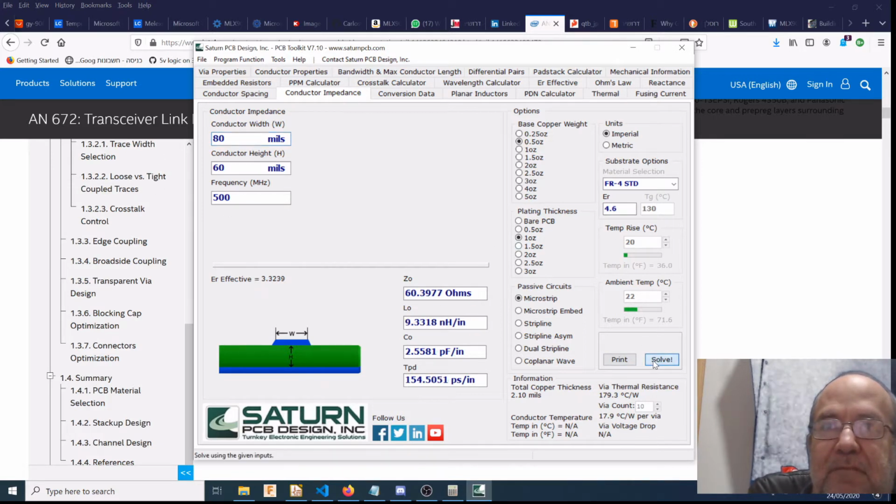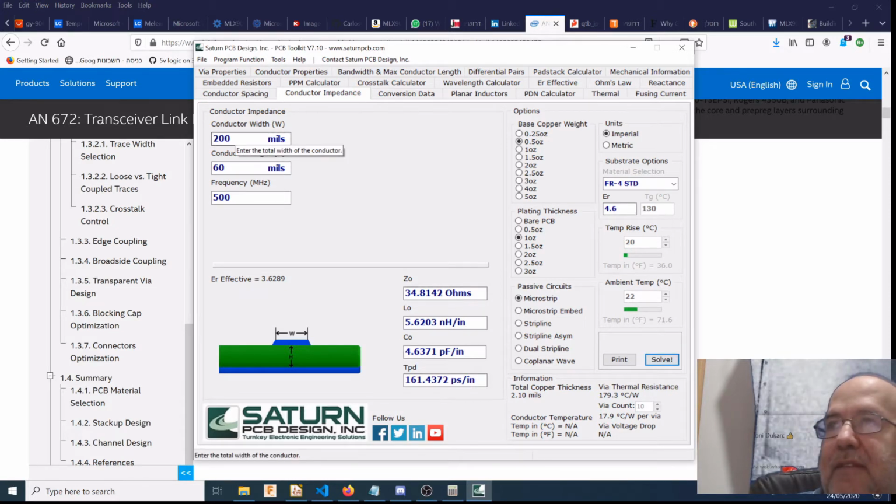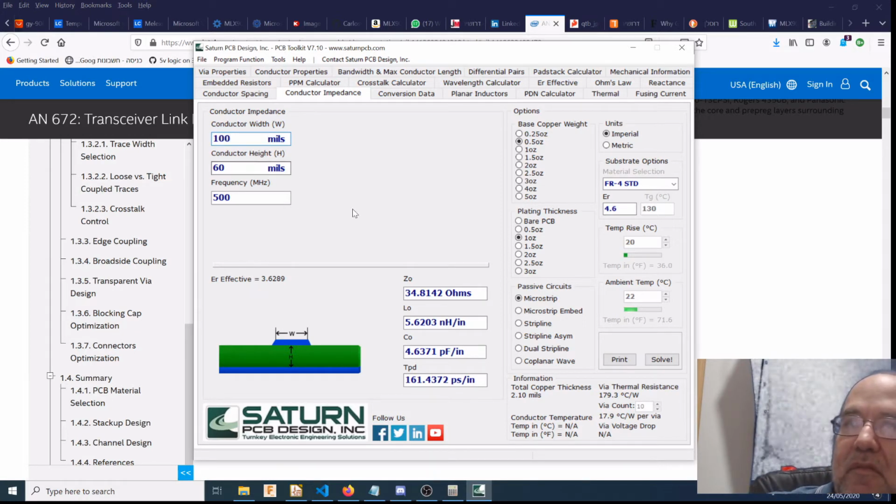An 80 mil trace is 60 ohms. A 90 mil trace is 56 ohms. A hundred mil trace is 53 ohms.